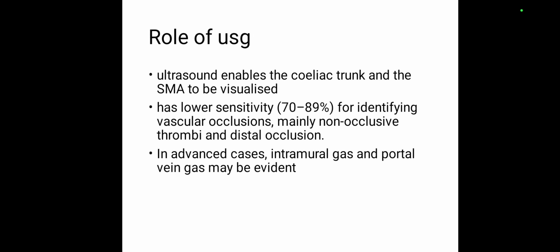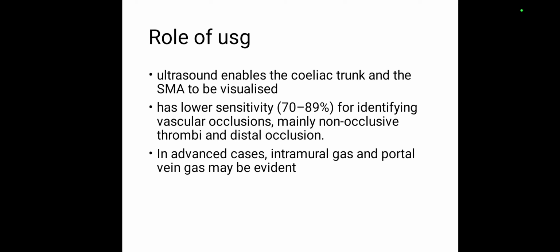So what is the role of ultrasound here is, we could see the proximal vessels, the celiac trunk and superior mesenteric artery, and if there is any occlusion. Now in the late stage of the disease, when there is intramural gas and portal vein gas, that can also be evident.